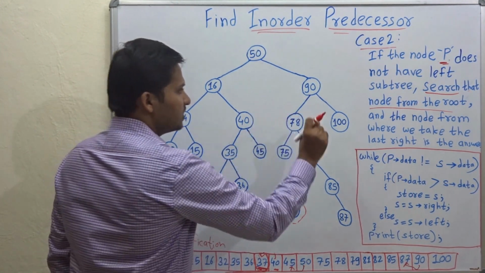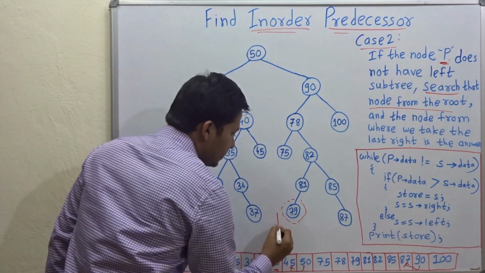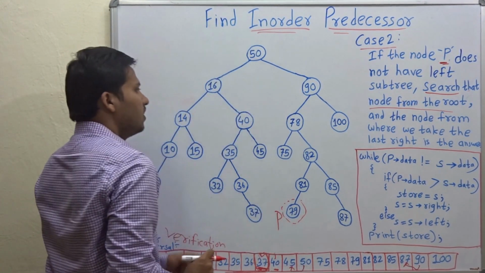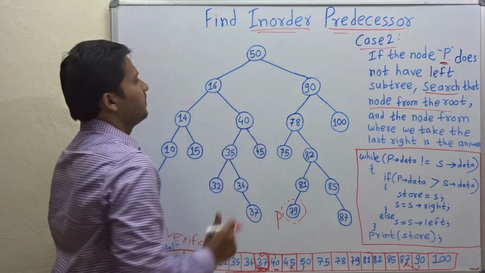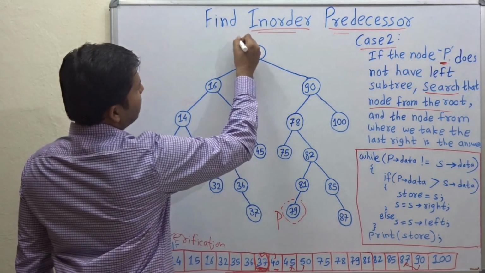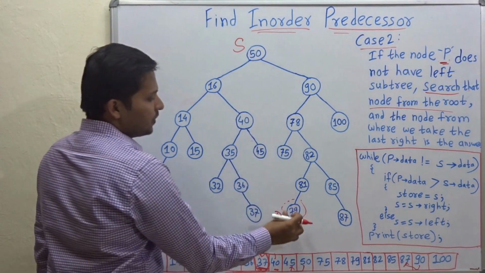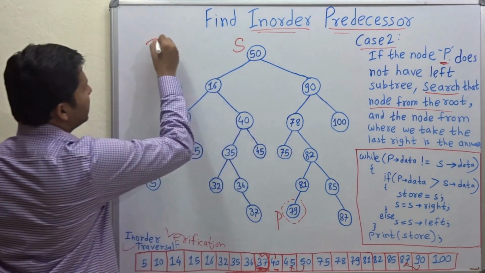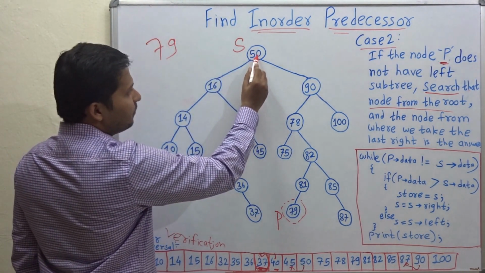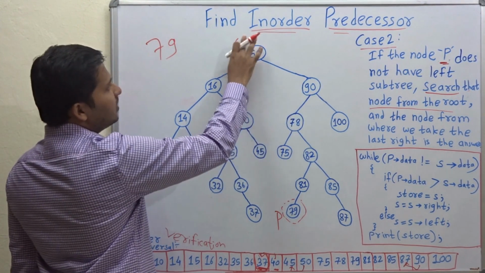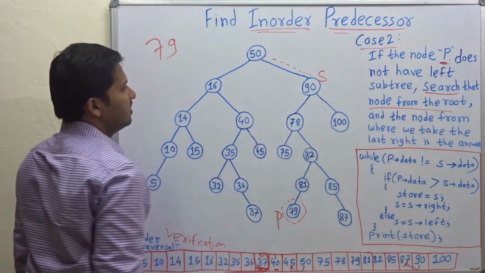Okay, so the first thing is that you have to search that node from the root. See, this is P. Okay, so let's search this node inside this binary search tree. Okay, so let S point to the root. Now what we want to search? 79. So 79 is greater than 50. So let's go to the right side. Now S comes here.